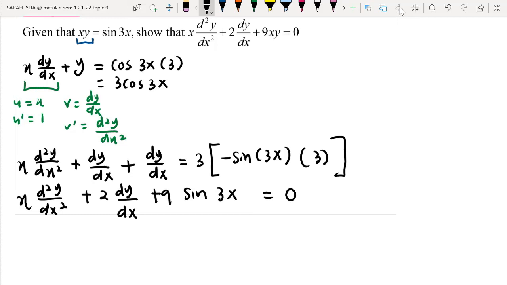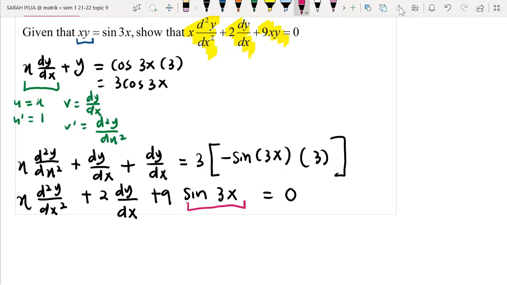Okay, so if we compare with what we want to show, first term dah sama, x d squared y over dx squared. Kita pun dah dapat. Okay, second 2 dy dx, kita dah dapat juga. And then last one, we want 9xy. Tapi yang kita ada sekarang ni sin 3x. Dia bukannya xy. Okay, but then refer back to original question.